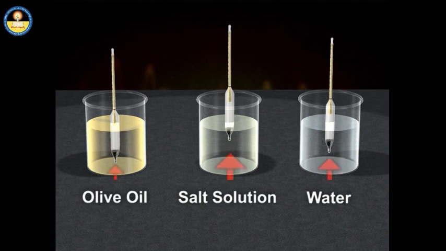Sinking of the hydrometer shows the density of the liquid. As in the case of olive oil, it sinks the most. That is, the buoyant force in olive oil is less, therefore the density of olive oil is also less. It sinks the least in salt solution. That is, the buoyant force in salt solution is more. Thereby, the density of salt solution is also more.